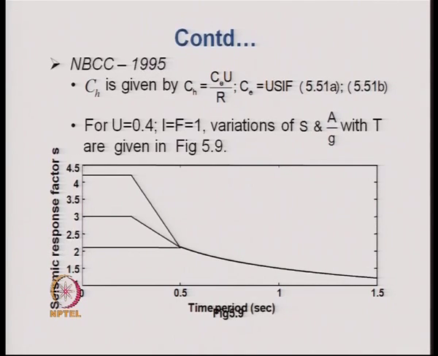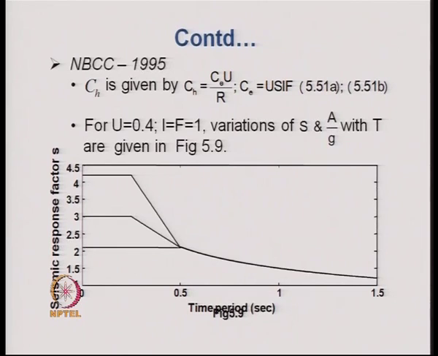Next comes the National Building Code of Canada 1995. Here the seismic coefficient Ch value is given by CE into U divided by R, where R is the reduction factor. In the previous case we have not talked about the reduction factor.